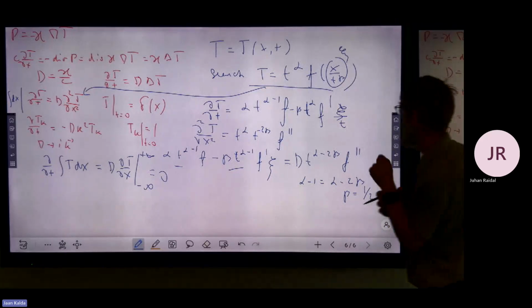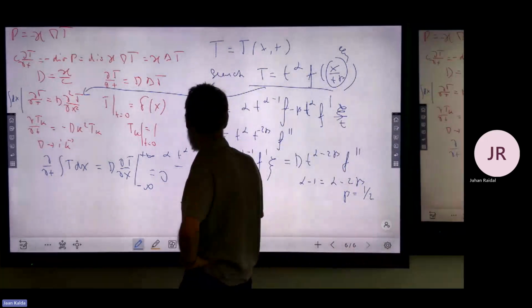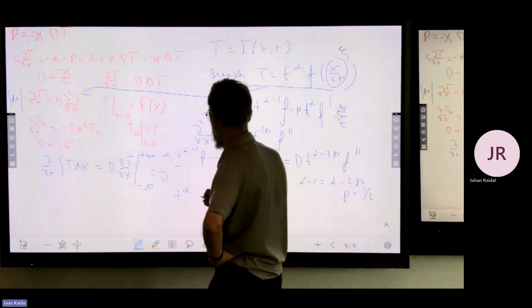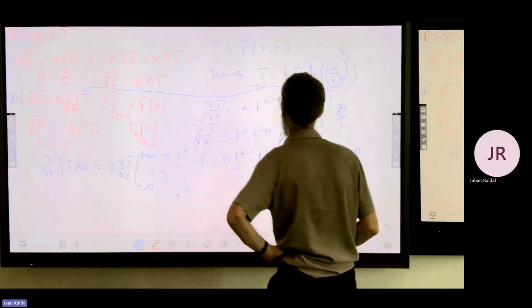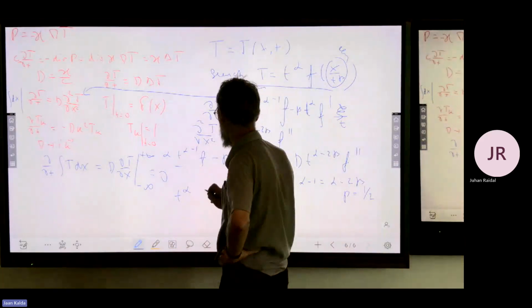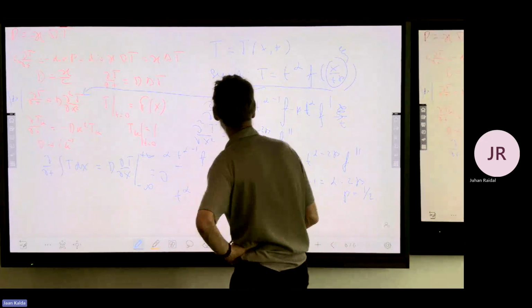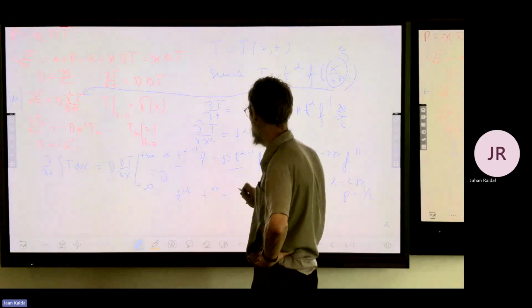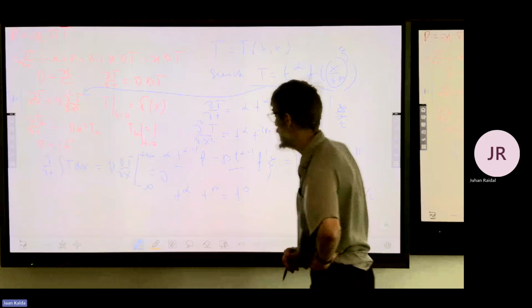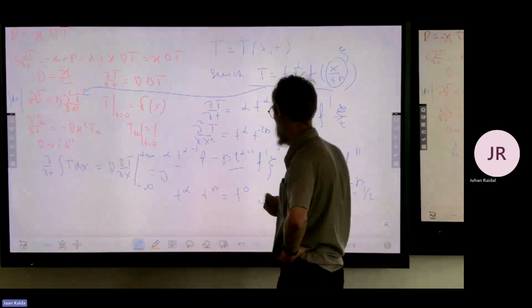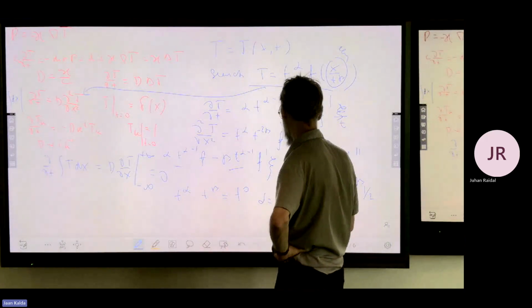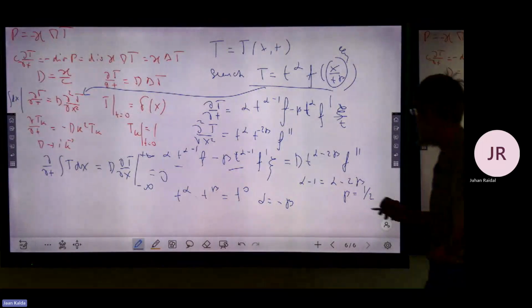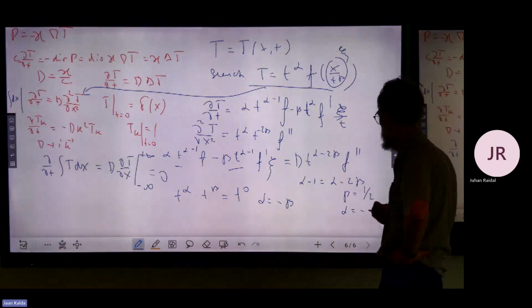So basically what we need is the height t to alpha multiplied by the width, which is t to beta, and they must give us t to 0, no dependence, which means that alpha equals minus beta. Which means that alpha is minus 1.